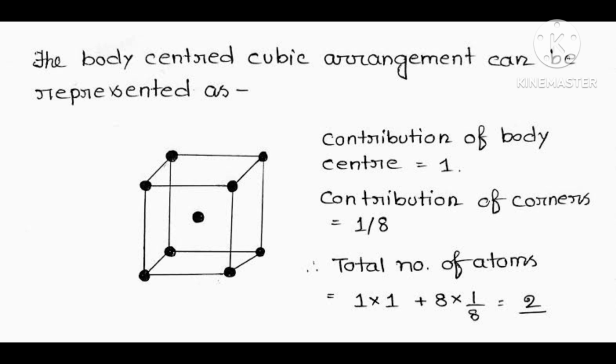Here it is called two-dimensional, because length is there and breadth is also there, 5 into 5. Suppose 1 centimeter is the diameter of one sphere.